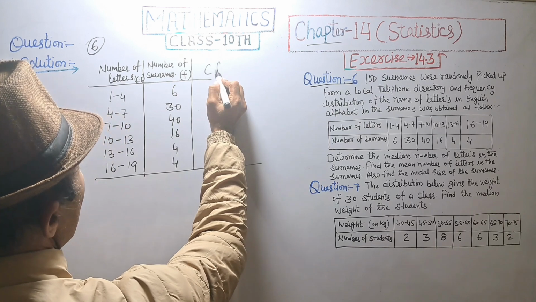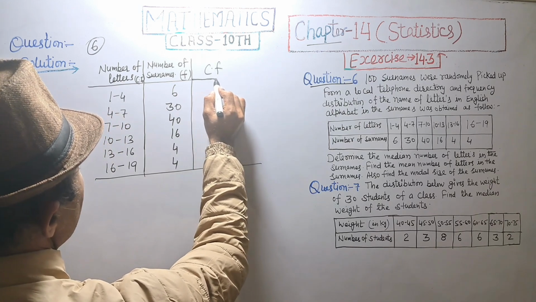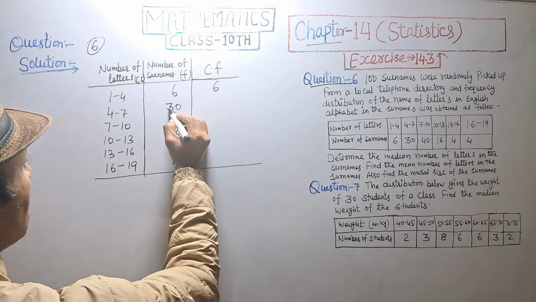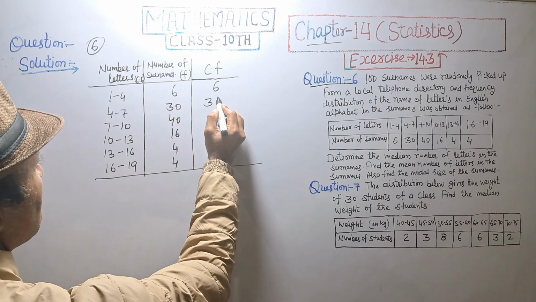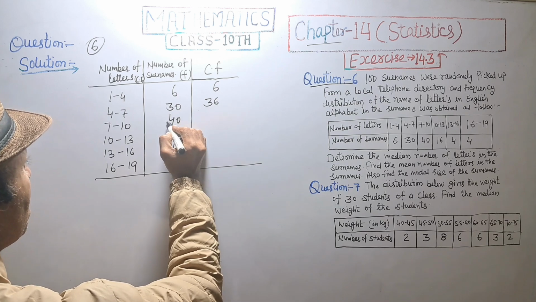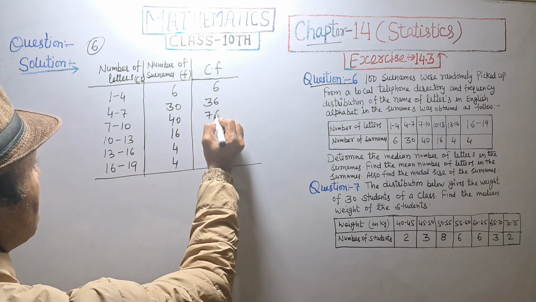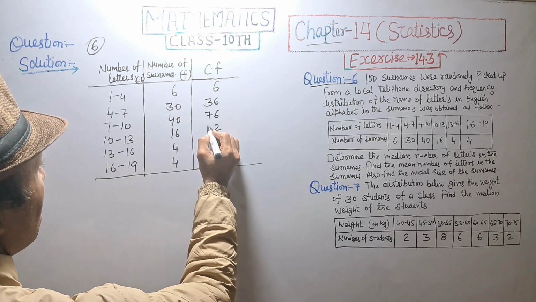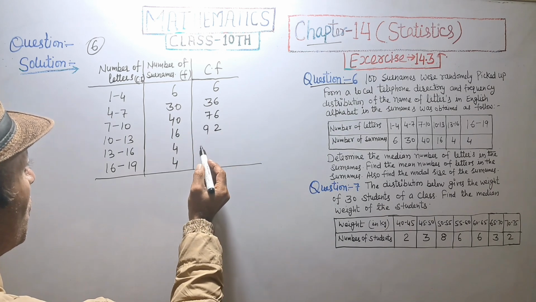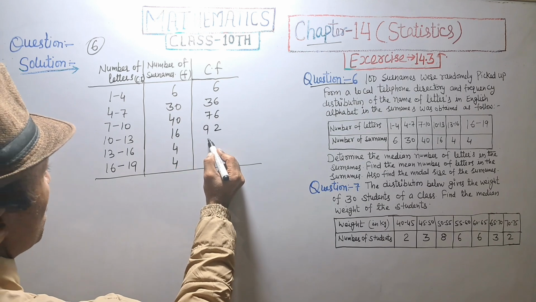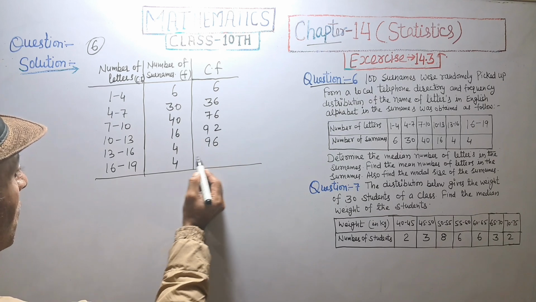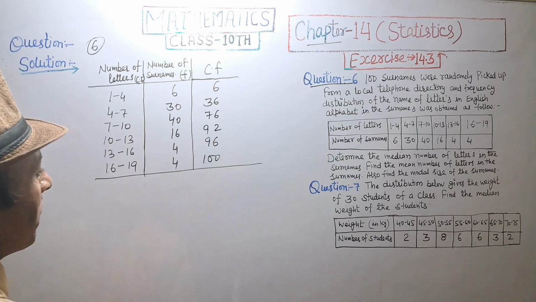Median. Cumulative frequency CF: 6 as it is, 6 plus 30 equals 36, 36 plus 40 is 76, 76 plus 16 is 92, 92 plus 4 is 96, 96 plus 4 is 100.